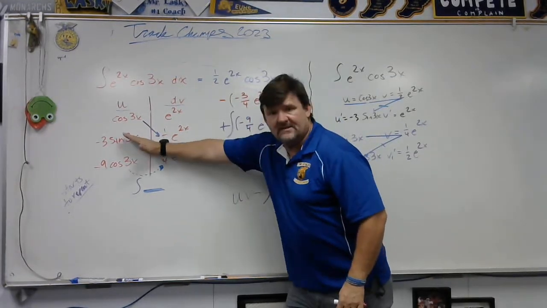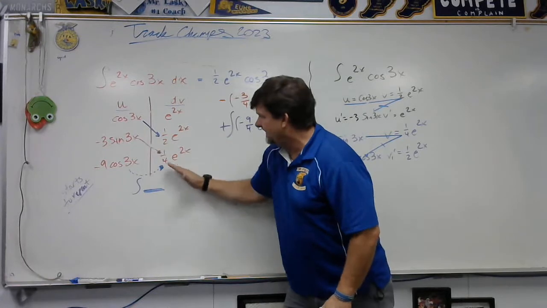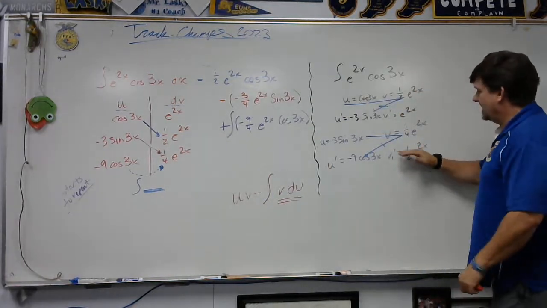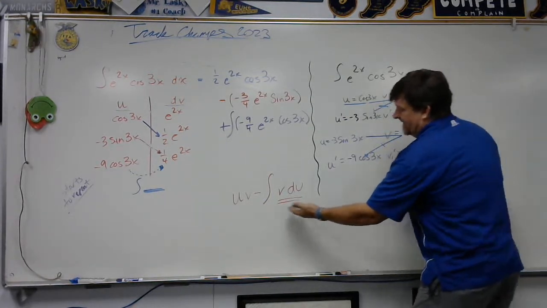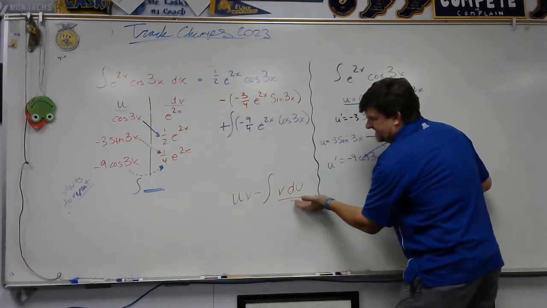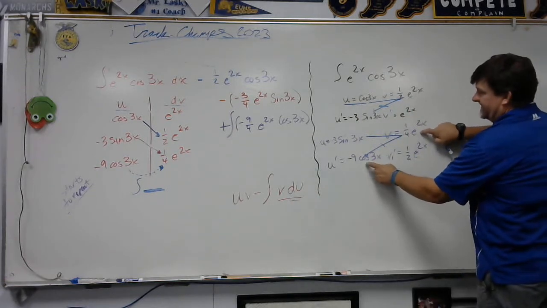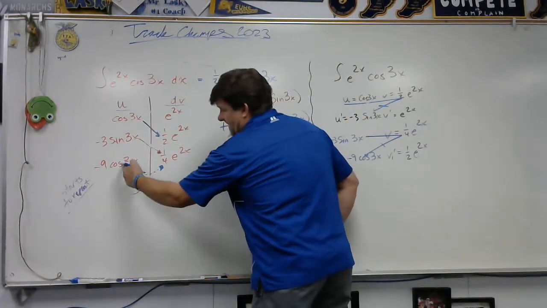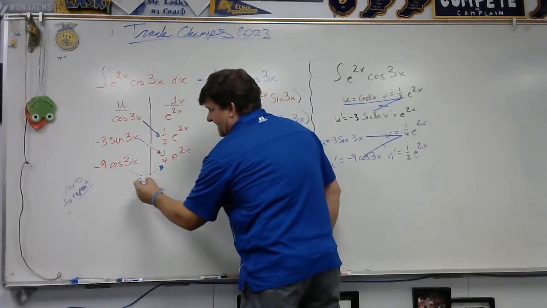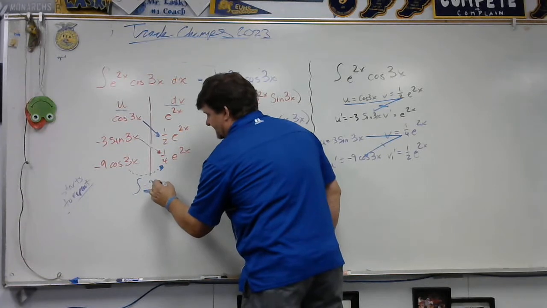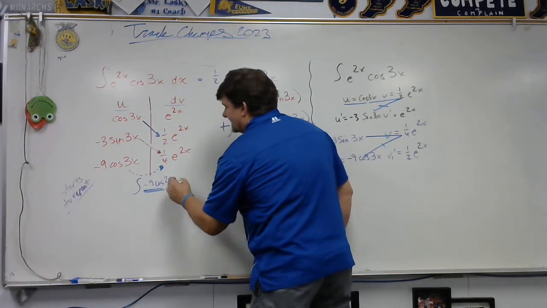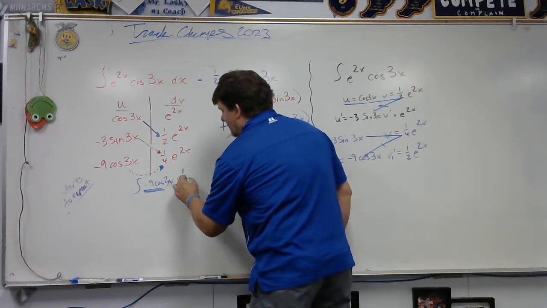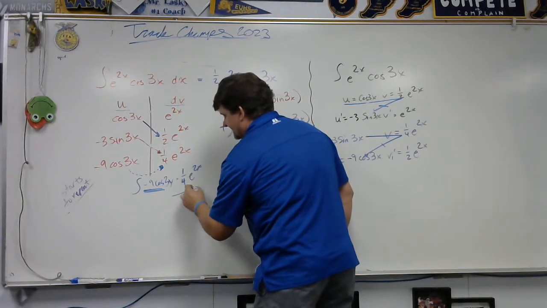But the tabular method kind of calculates it a little differently. And then we are going to subtract it from v times du, which is this piece here. But in our tabular method, it's here. So this would become the integral of negative 9 cosine of 3x times 1/4 e to the 2x.